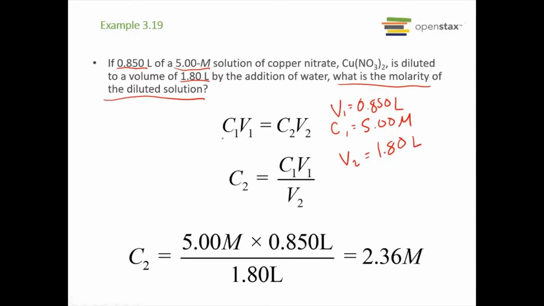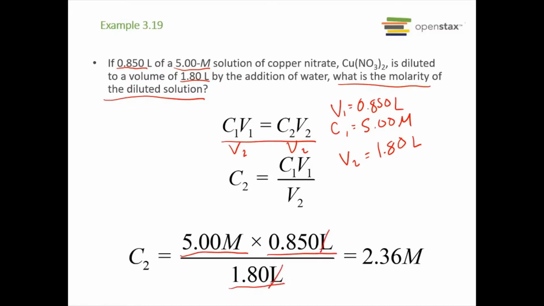Okay, so you can see here, we start with our dilution equation. We're solving for C2, so we need to divide both sides by V2, and we find that C2 is equal to C1V1 over V2. And then it's plug and chug. Down here, 5 molar times 0.850 liters over 1.80 liters.